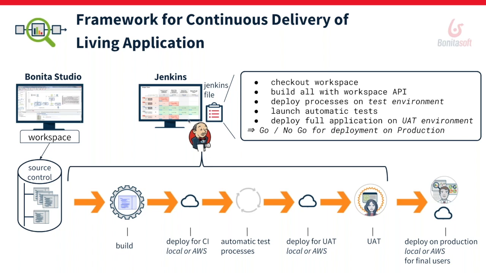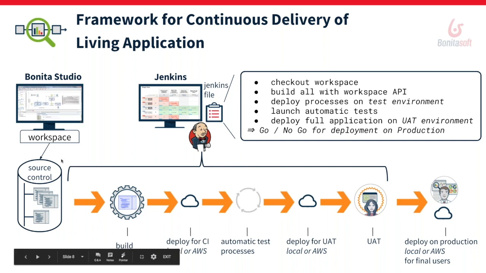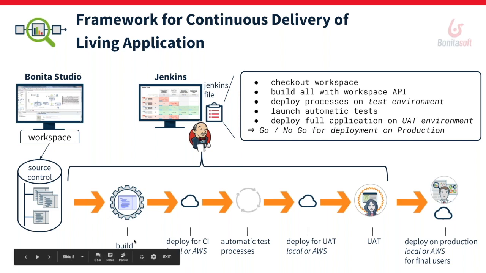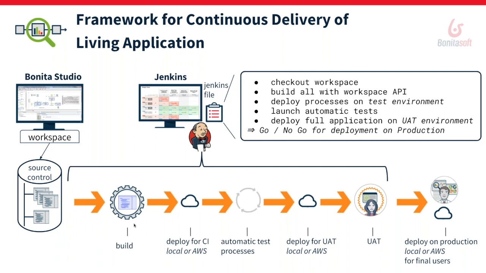Then you will have Jenkins with a pipeline that will take care of the deployment of the application. First, it will check out all the sources. Then it will use the workspace API provided by Bonita Studio to build the application artifacts.